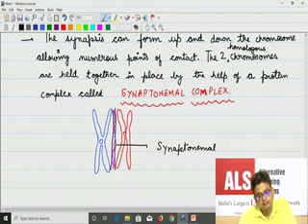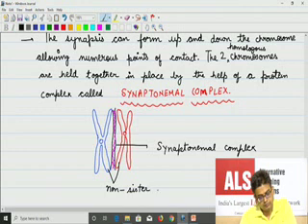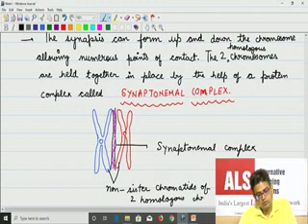These are the non-sister chromatids of two homologous chromosomes.